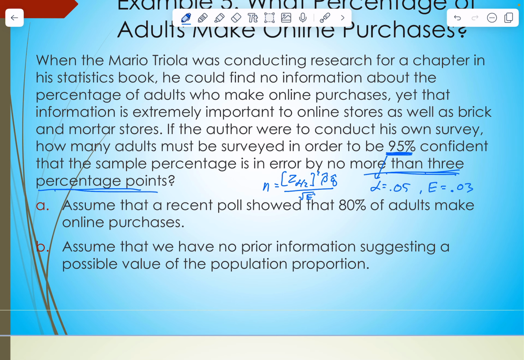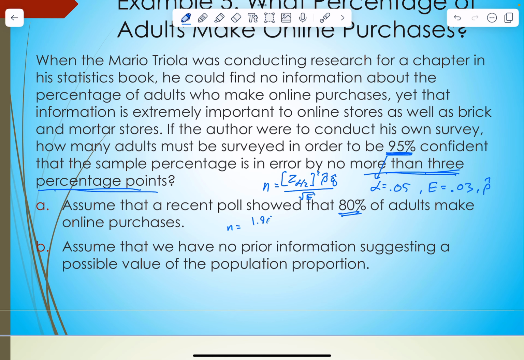All right. Now, p hat is also given to us: 80% make online purchases. So now we can construct our estimate of the sample size. When alpha is 0.05, z is 1.96.